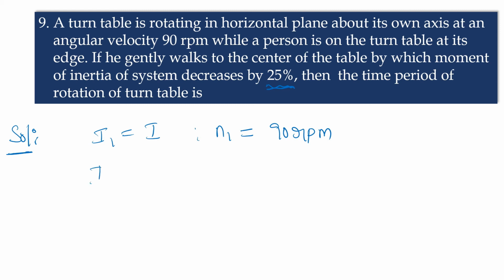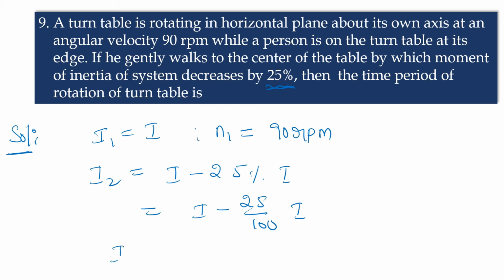So I2 is equal to I minus 25 percent of I. Here they have given 25 percentage, which is nothing but 25 by 100 into I. So I2 is equal to 100 minus 25, that is 75 by 100 into I. So that is equal to 3 by 4 I.